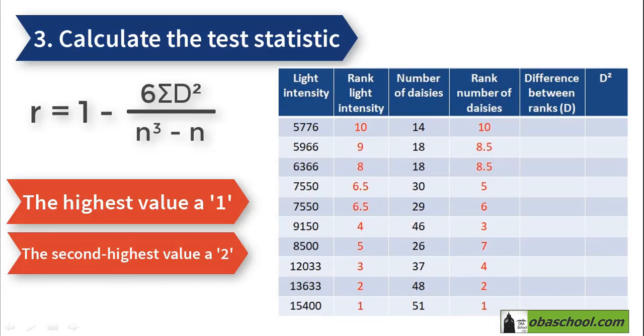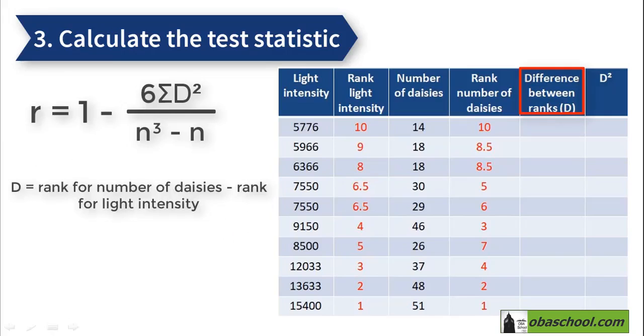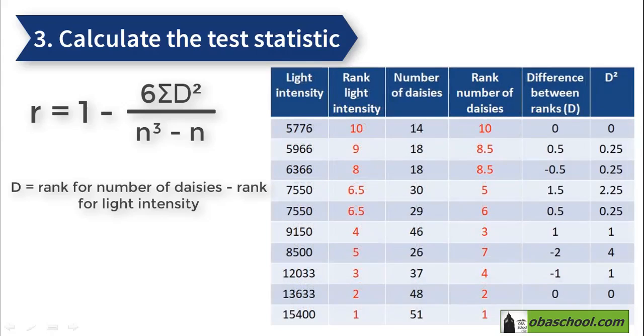Now, after ranking both the light intensities and the number of daisies, we should find the difference between ranks by subtracting each rank for number of daisies from the rank for light intensity. Then calculate the square of the difference. So after filling the table, it becomes easier to calculate the correlation coefficient. It's simply 1 minus 6 multiplied by the sum of these values divided by 10 cubed minus 10.